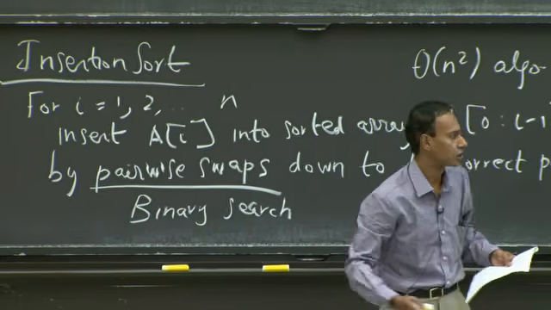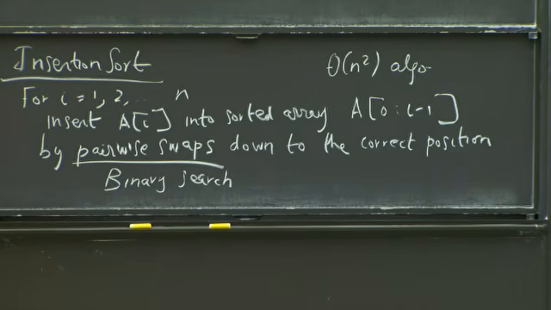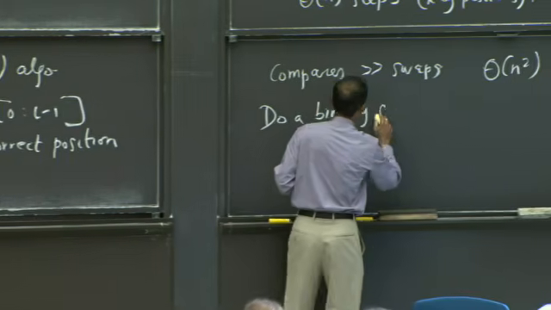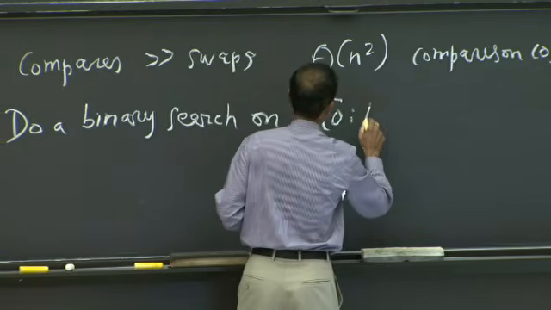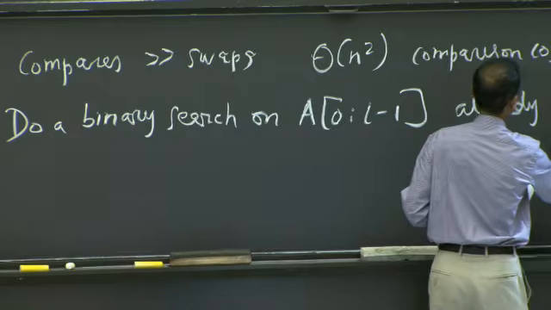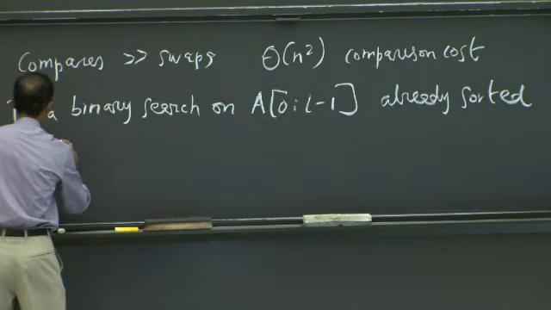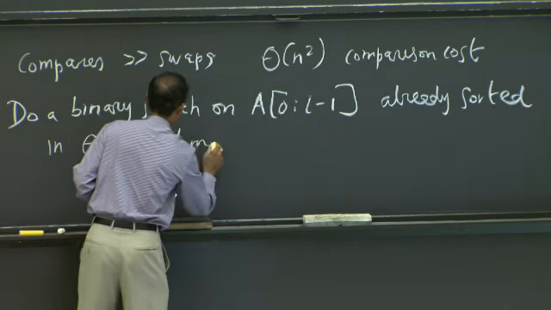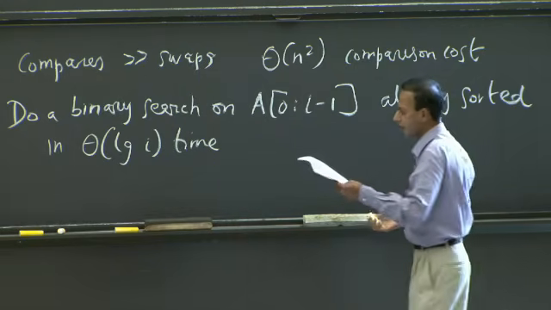And so you can do binary search on that part of the array. Let me just write that down. Do a binary search on a of 0 through I minus 1, which is already sorted. And essentially, you can think of it as theta log I time, and for each of those steps, and so then you get your theta n log n.